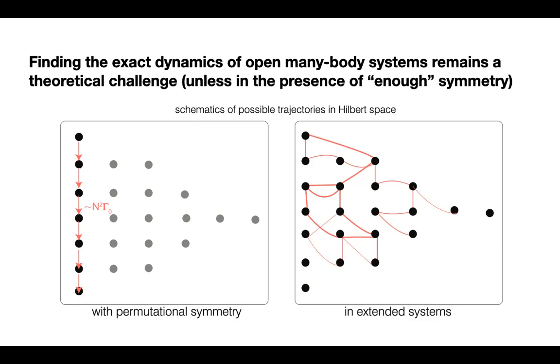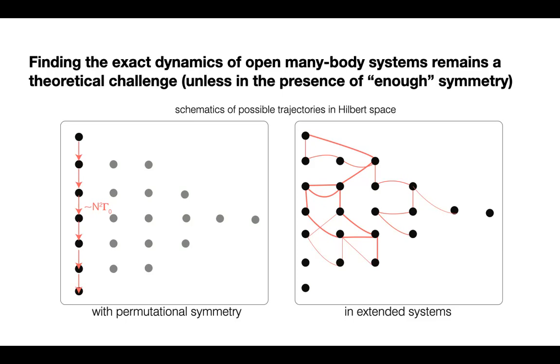So you are basically confined to a small subspace in the Hilbert space, the states of permutation symmetry. An example of this is superradiance. There it's very easy to compute these dynamics, and along the way you hit states of very large decay rate that scales quadratically with system size. Generically, the dynamics is more complicated.